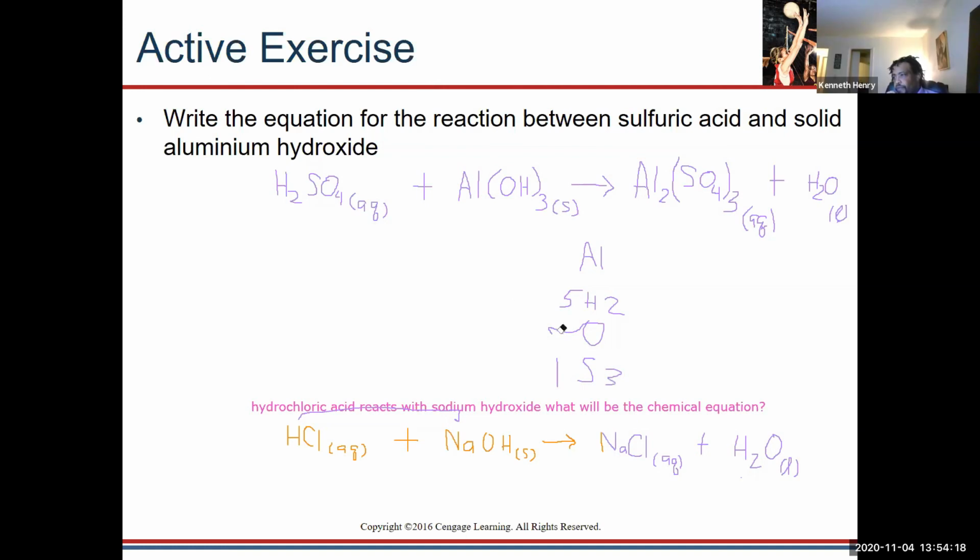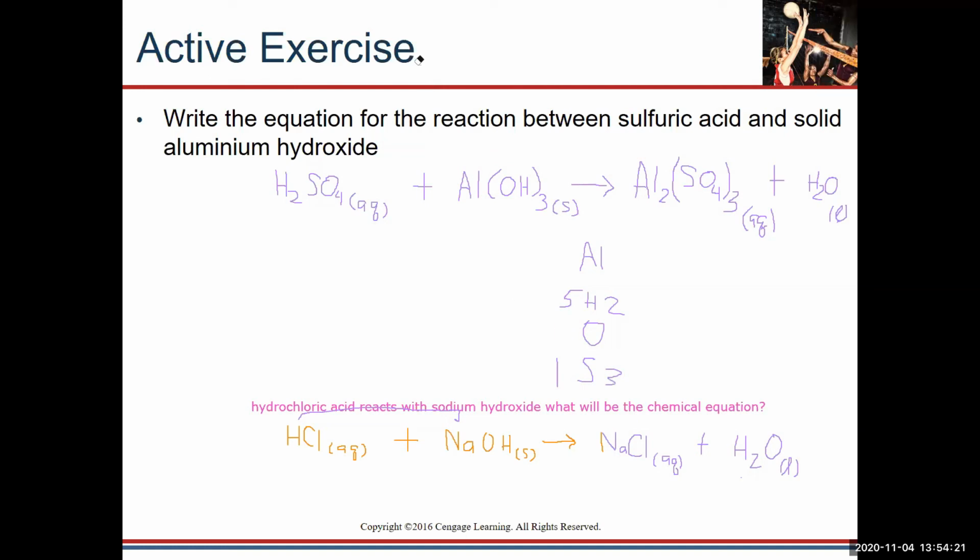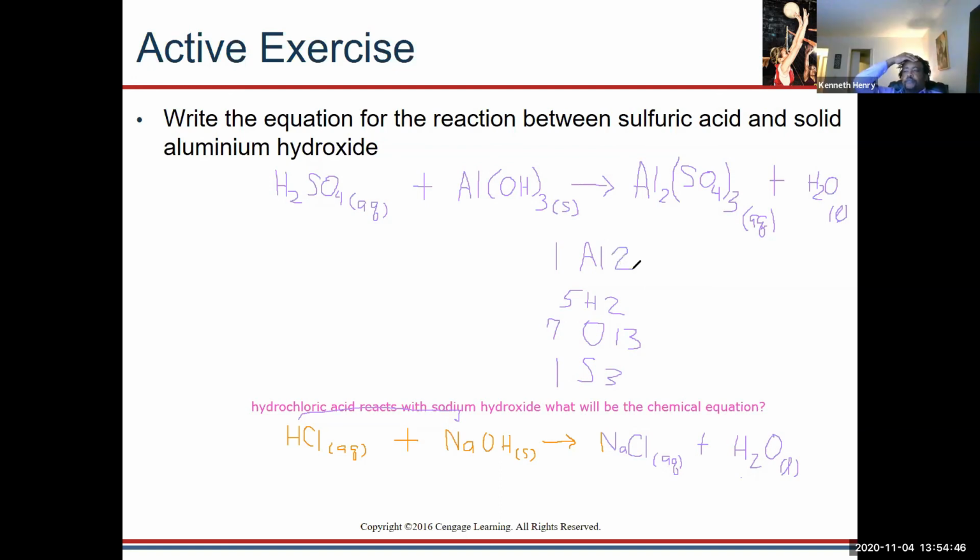O has 7 on the reactant side, and I think it's 13 on the product side. And Al has 1 on the reactant side and 2 on the product side. So is that balanced? No.